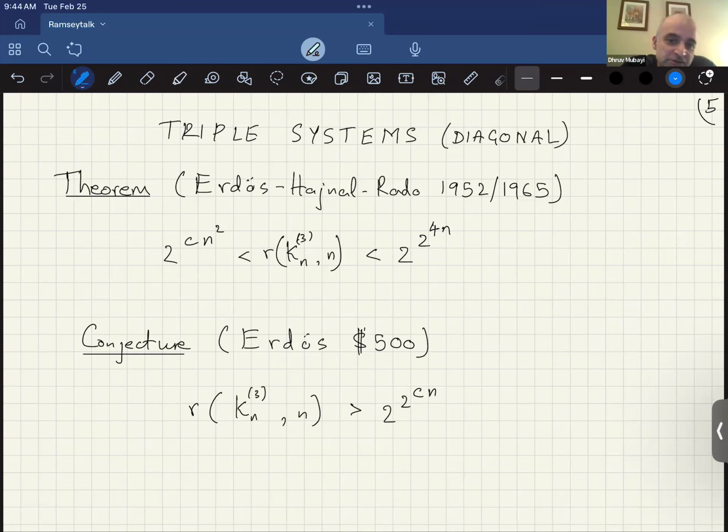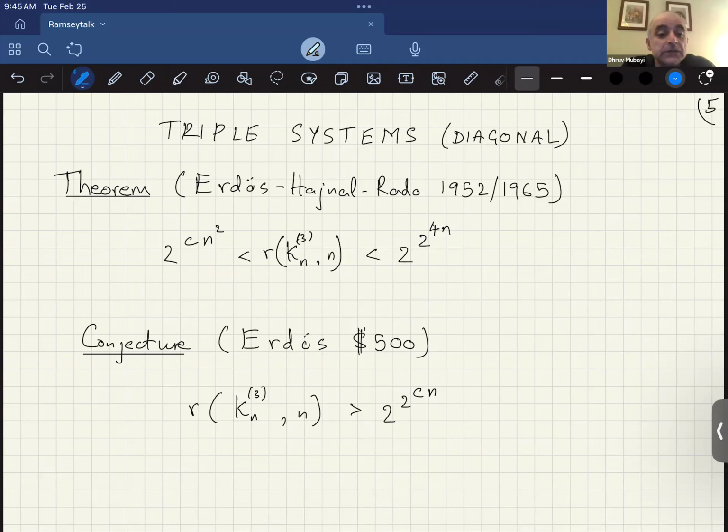Once again, there are two kinds of problems, diagonal and off-diagonal. Here, to put things in perspective, the diagonal case is not as well understood as it was in the graph case. And perhaps this is considered the most important open problem in hypergraph Ramsey theory, namely to determine the growth rate of diagonal hypergraph Ramsey numbers.